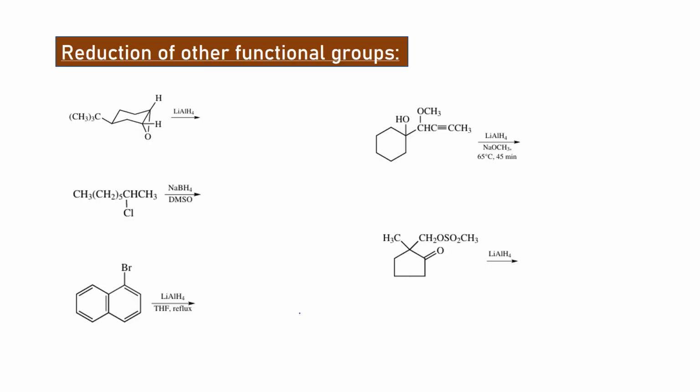Okay, so there are some questions. Let's solve them together. Reduction of other functional groups by using this hydride donor. We know that a hydride donor is used for reducing carbonyl groups, but this can be used for reducing some other functional groups also. Suppose there is a given epoxide group, and now we are adding LiAlH4. What will happen?